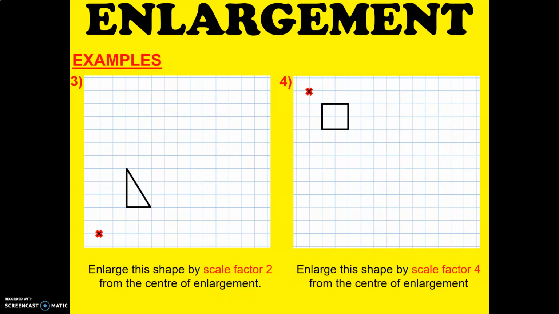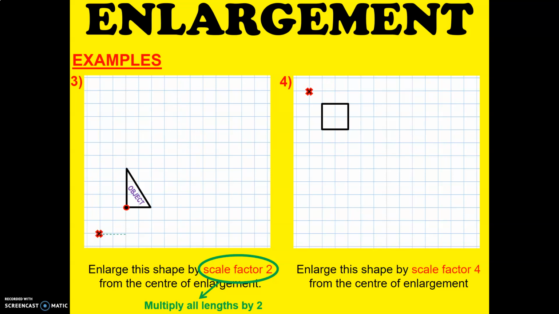Enlarge this shape by scale factor 2 from the center of enlargement. That's our object. And this is our center of enlargement. Scale factor 2 means multiply all lengths by 2. First, get 1 point from the object.